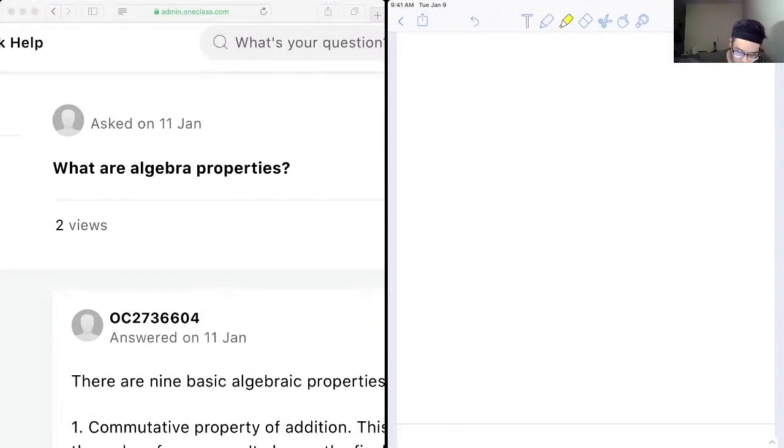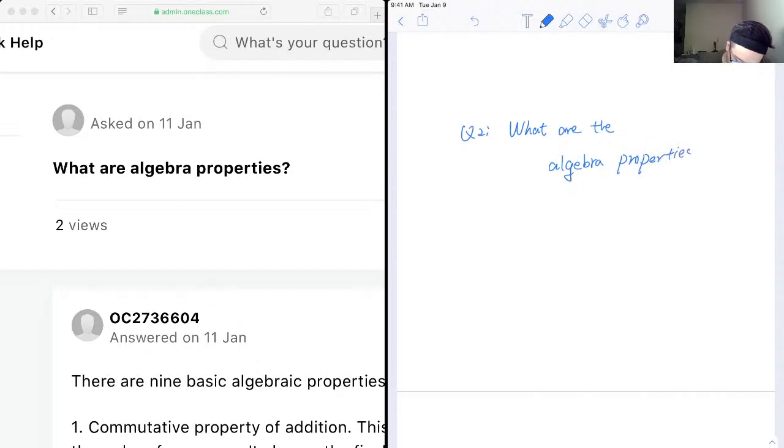Okay, so for the next question, we will talk about the algebra properties. What are the algebra properties?